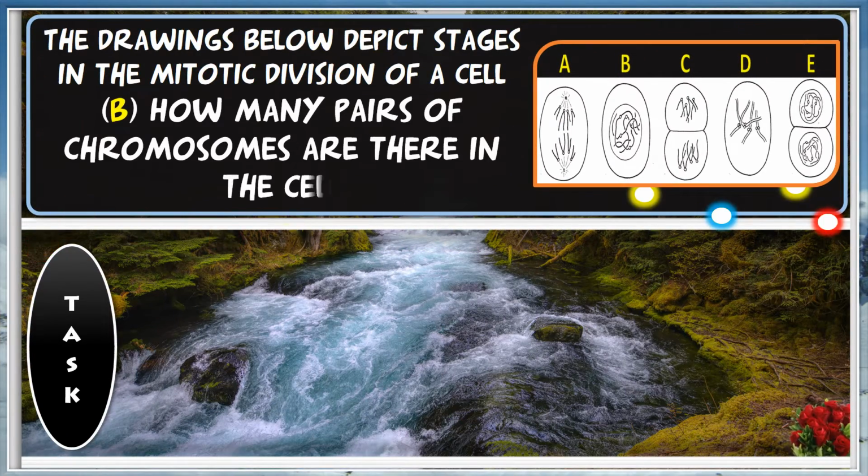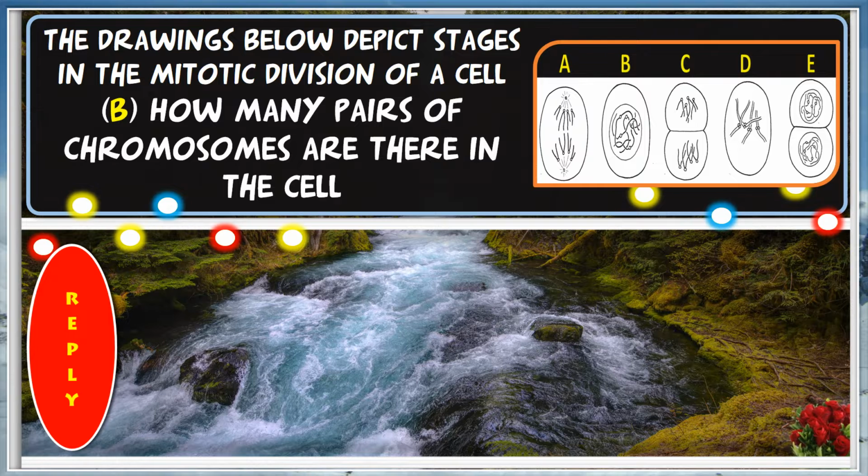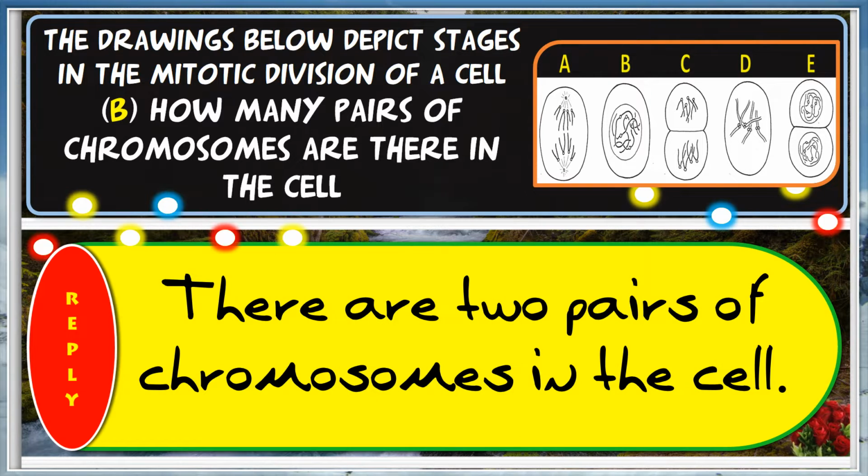Part B. How many pairs of chromosomes are there in the cell? There are 2 pairs of chromosomes in the cell.